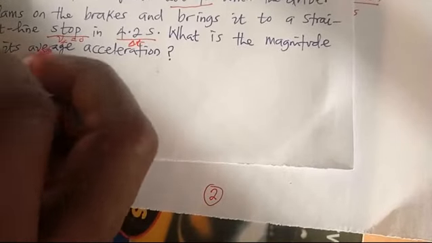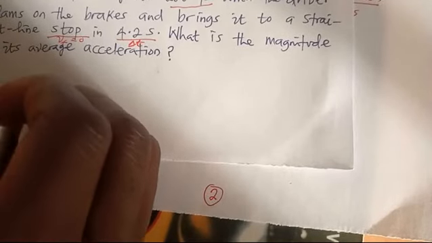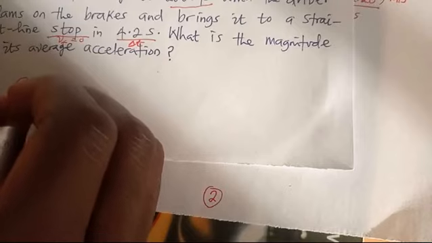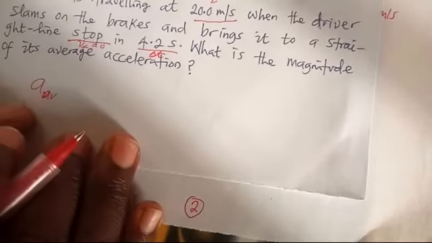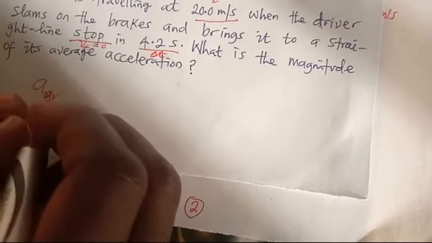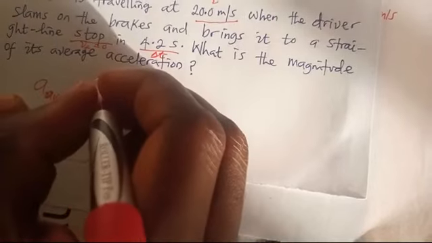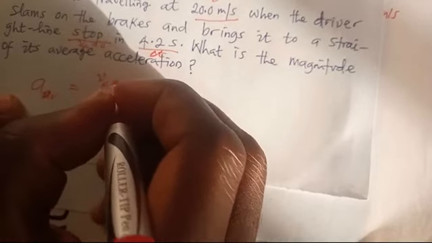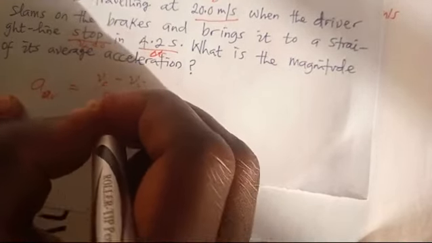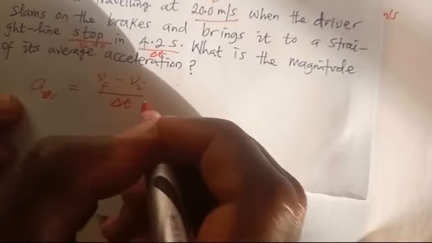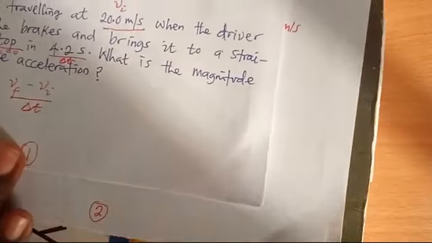So our average acceleration, a sub average, is equal to v final minus v initial divided by the time interval, the time taken.